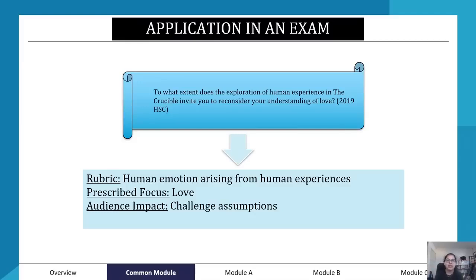I always like to say that you'd rather spend a minute, 2 minutes, even 3 minutes planning your response out, knowing exactly what you're going to write, rather than jump straight into writing any ideas that come to head, and then halfway through the essay, realize you have no idea how you're going to link it back to the question. So it's so much better to plan it out first, rather than be lost halfway through the exam and have no idea where you're going to go with it.